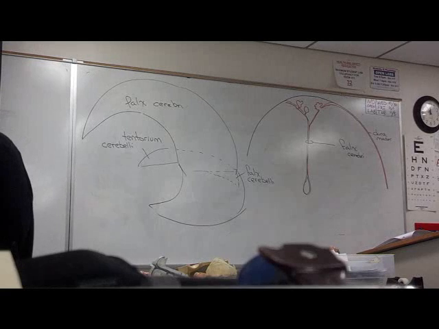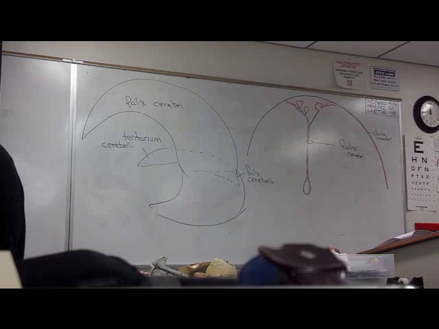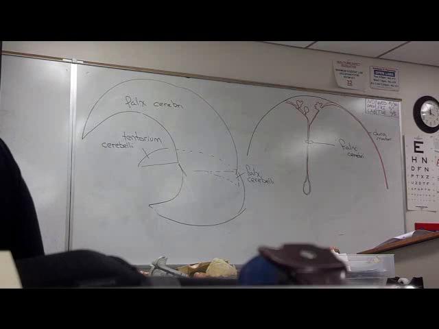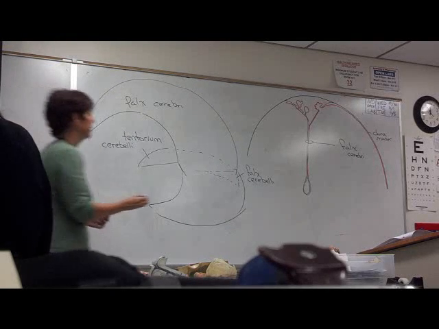You can see them a little bit in this picture right here. So see them right here? This is what I'm drawing. So these are the arachnoid villi penetrating into the sinuses.